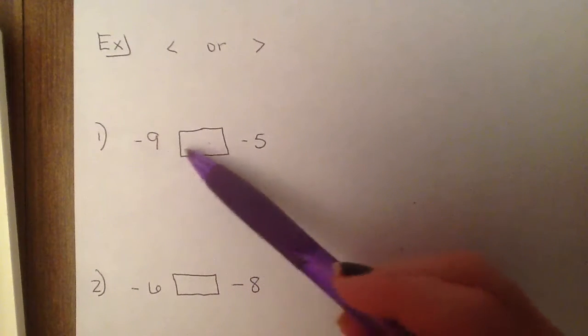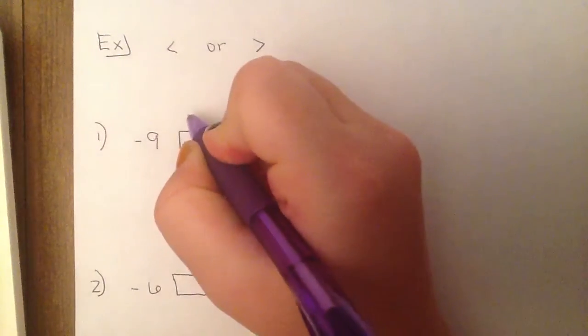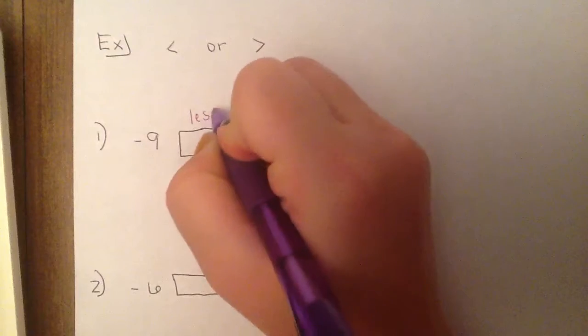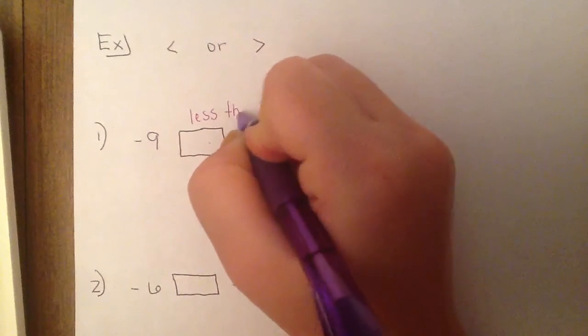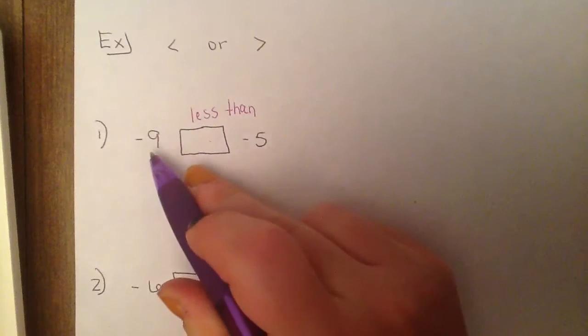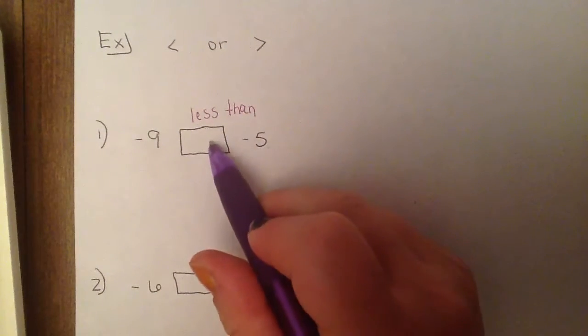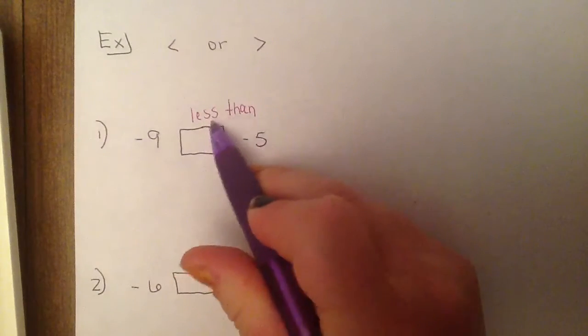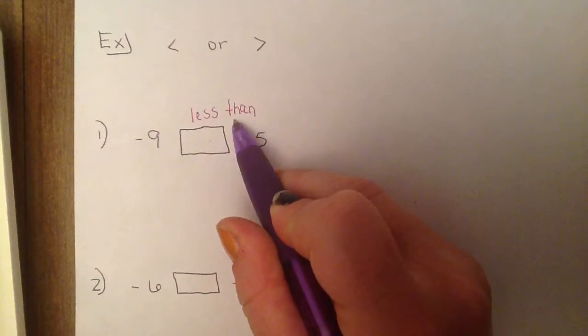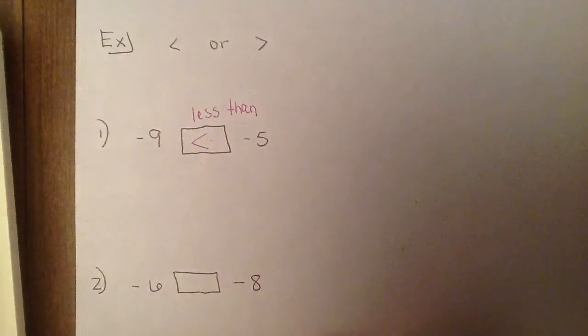Yes, -9 is less than -5. So right above the box, I want you to put less than. I want you to put the words that you want to describe our statement. -9 is less than -5. Now inside the box, pick the symbol that goes with less than. And less than looks like the sideways L, so there is our symbol.